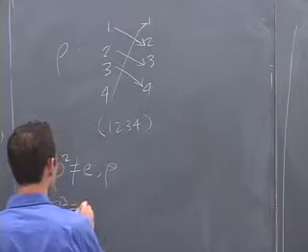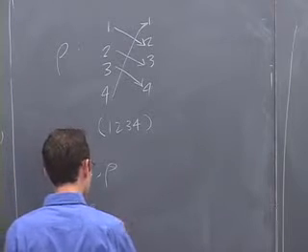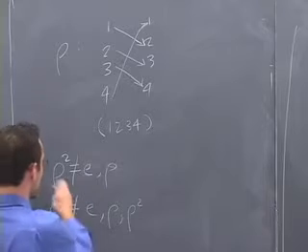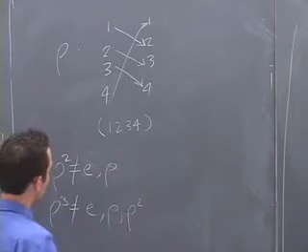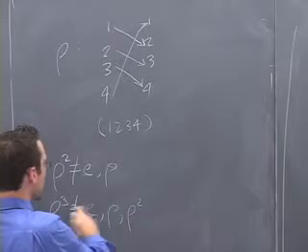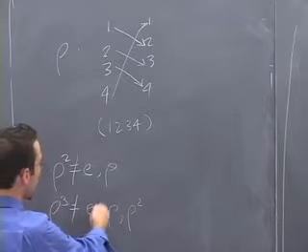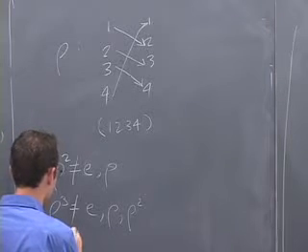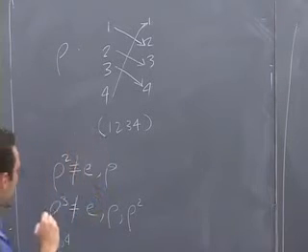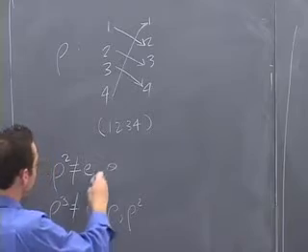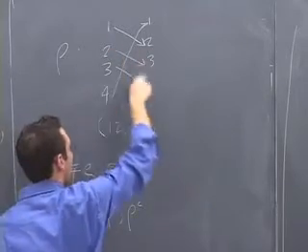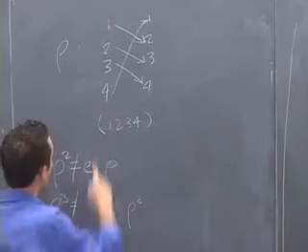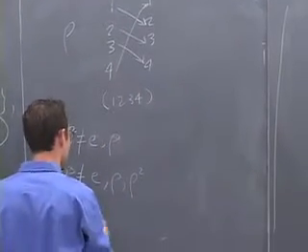Likewise, rho cubed is not one of E or rho squared, by the same sort of argument, or just using what we've established already about inverting. If rho cubed equaled rho squared, then rho would equal E, which isn't true. But because these things are just being cycled around, it's not hard to see that 1 will end up back at 1 after composing this permutation with itself 4 times, and likewise for 2, 3, and 4. So this is just the identity.